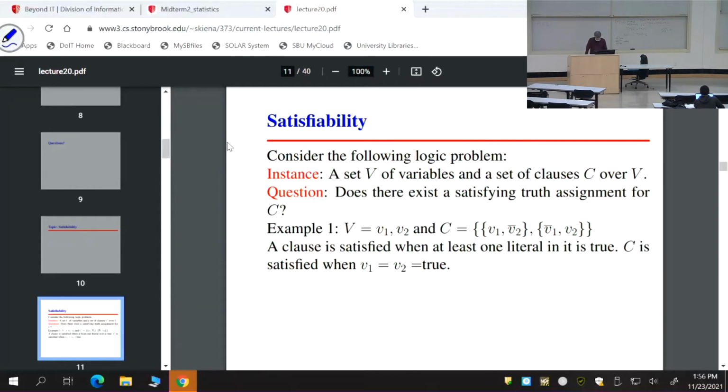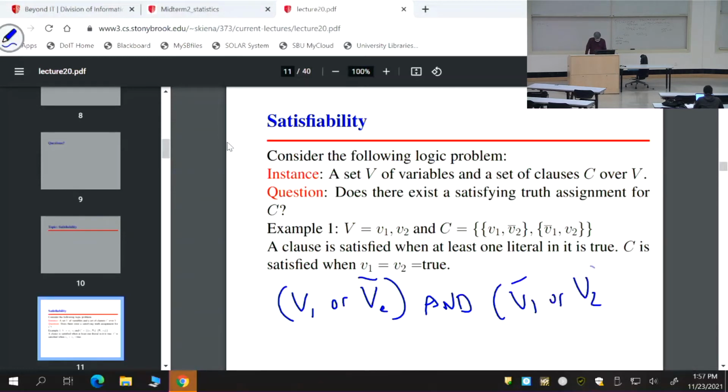But basically we've got clauses which are ORs: V1 or not V2, and not V1 or V2. Do you see how I translated this representation into a logic formula?